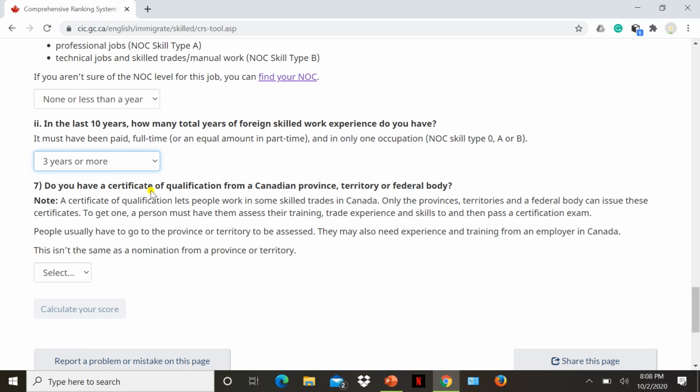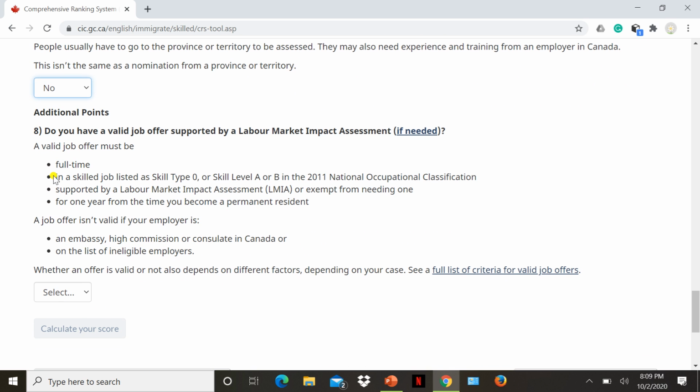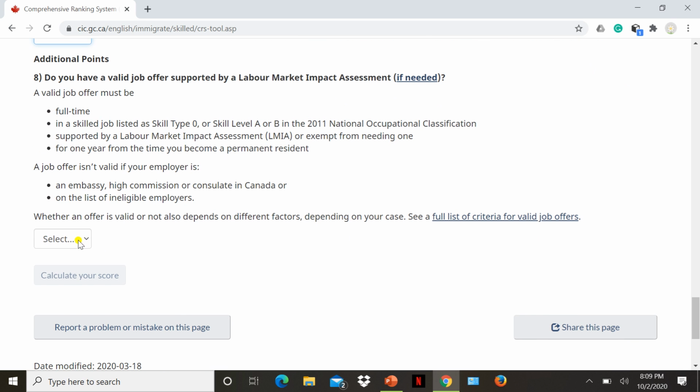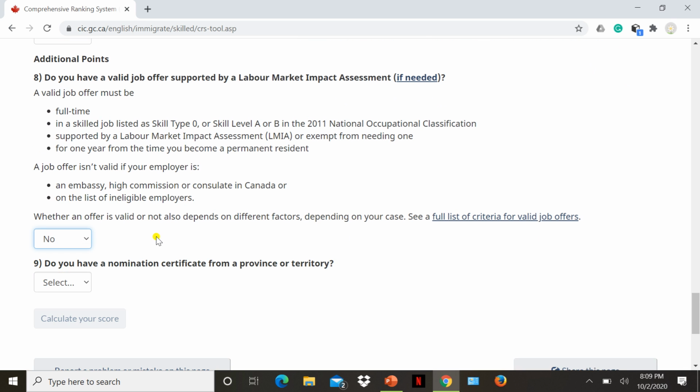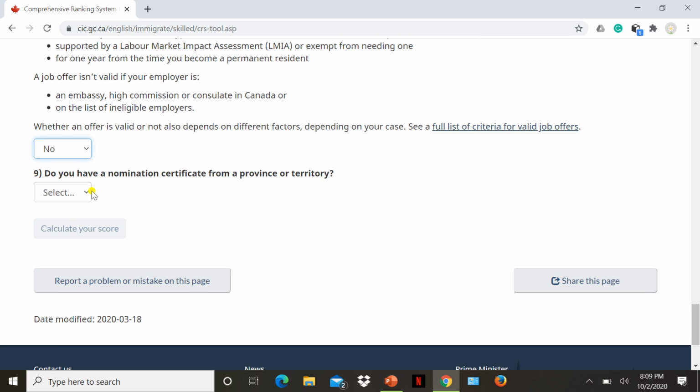Do you have a certificate of qualification from a Canadian province, territory or federal body? No. Do you have a valid job offer supported by a labor market impact assessment? In my case, it is no. Do you have a nomination certificate from a province or territory?